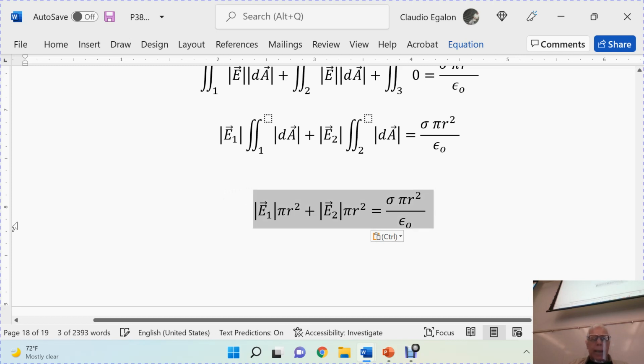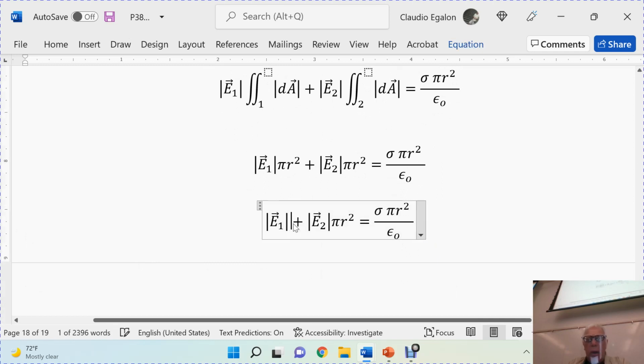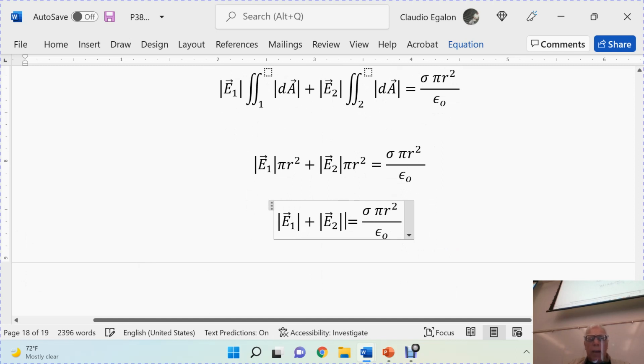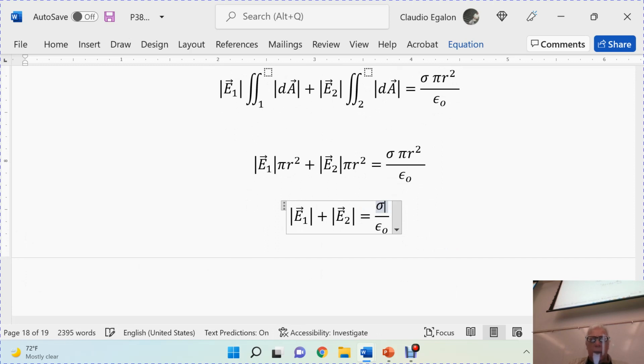Okay, and then we go the next step. We recognize that the pi r squared cancels out. Pi r squared on the left side cancels out with the pi r squared on the right side. And now we finally finish the problem. Right now I have only magnitude of E1 plus magnitude of E2 is equal to sigma over epsilon naught.